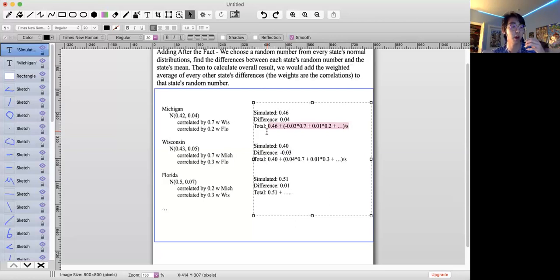So compared to the first model, this would be much less volatile because there aren't as many cancellations going on. In a sense, that also means it's more realistic because all the states have some impact on each other, whether it is little or small, and this is a model that's trying to account for all of those tiny effects.